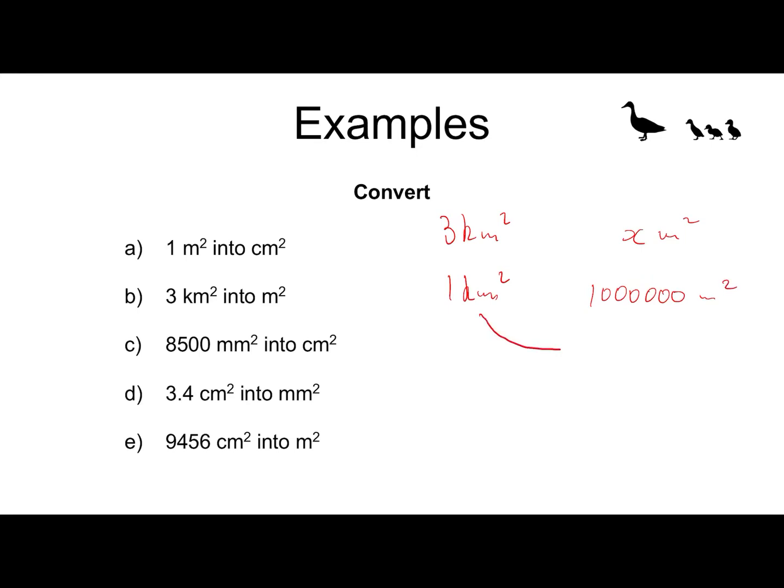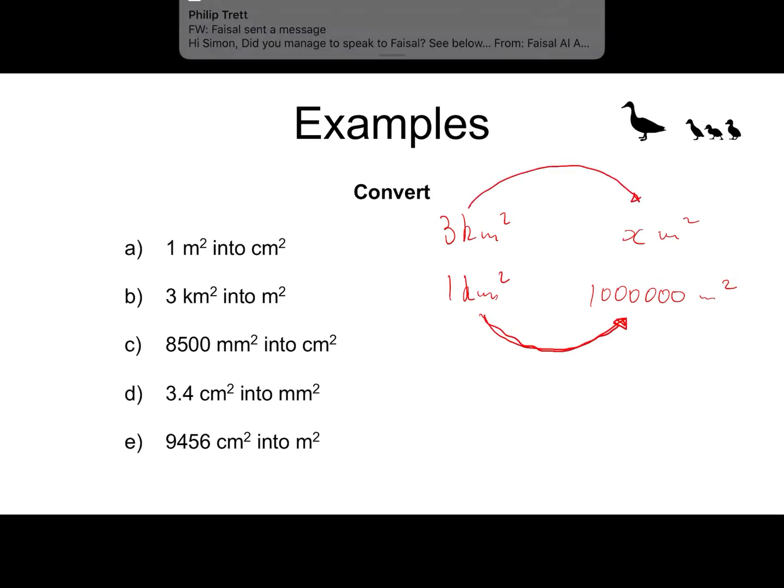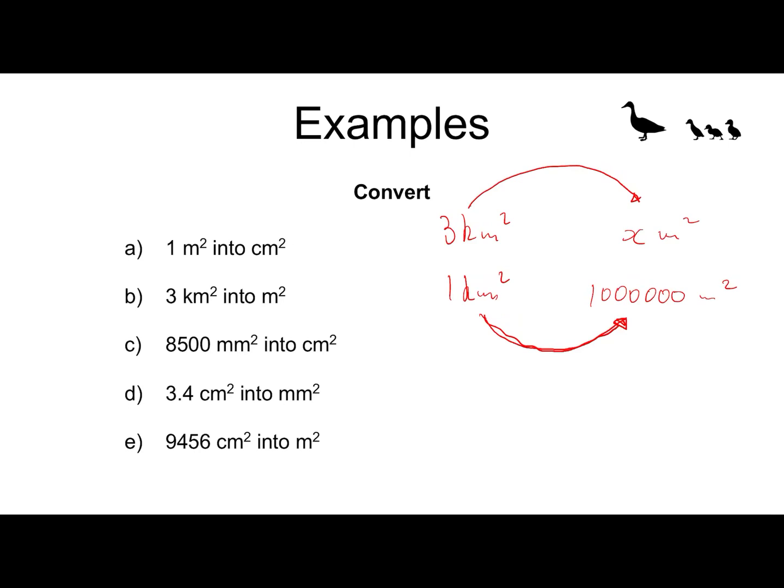And then I draw an arrow. What I'm doing, I want to go from here to here. So what I've done to go from there to there is I times by 1 million. So the answer is 3 million. Okay, 3 times 10 to the 6 metres squared.